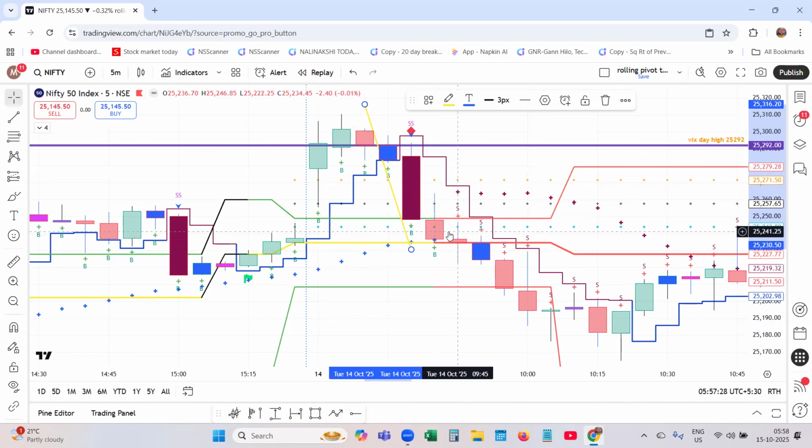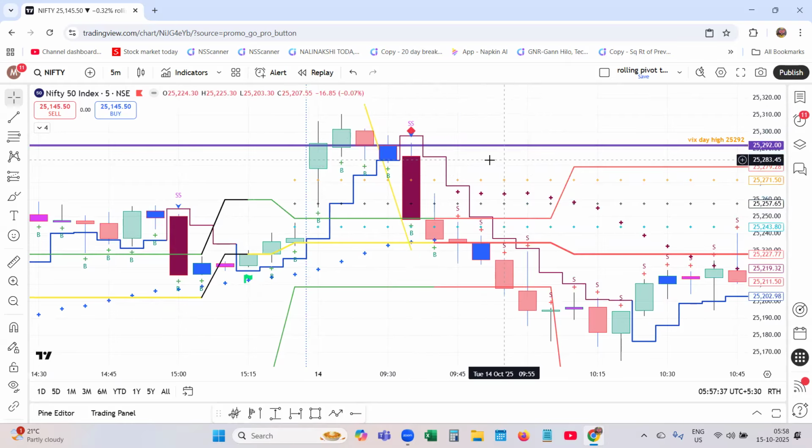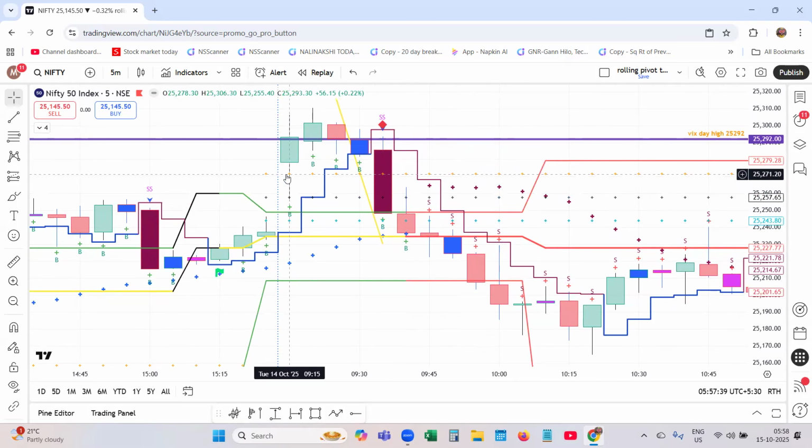So the trend had not changed. But this shorter period Gann HiLo in combination with the CPR, here you can see this yellow, black and blue color cross. If I make it a line, it will become a line.